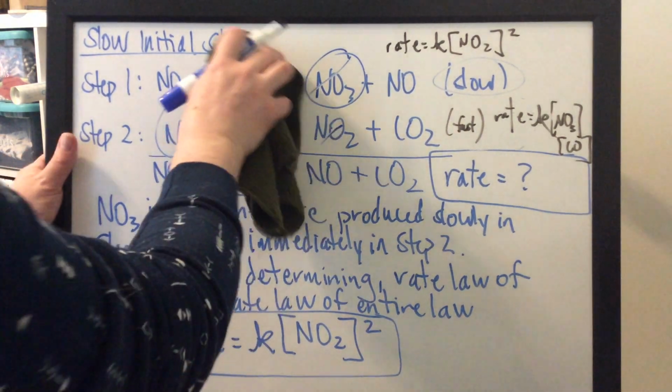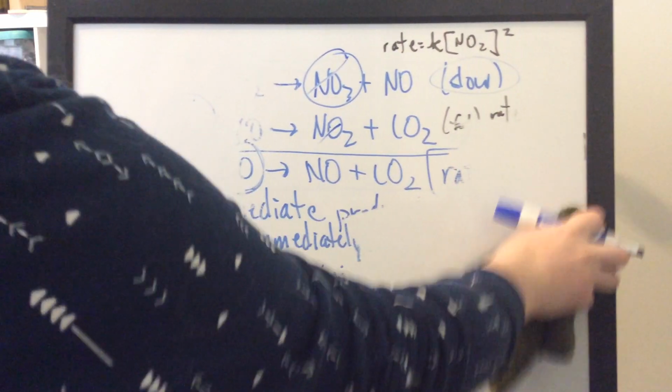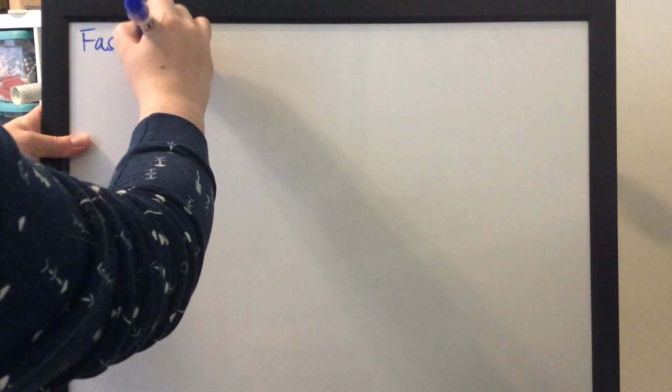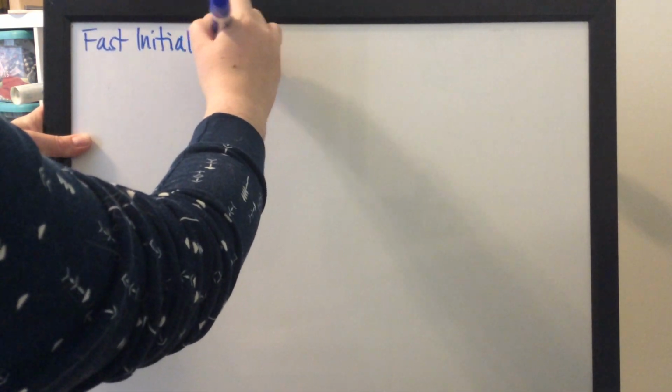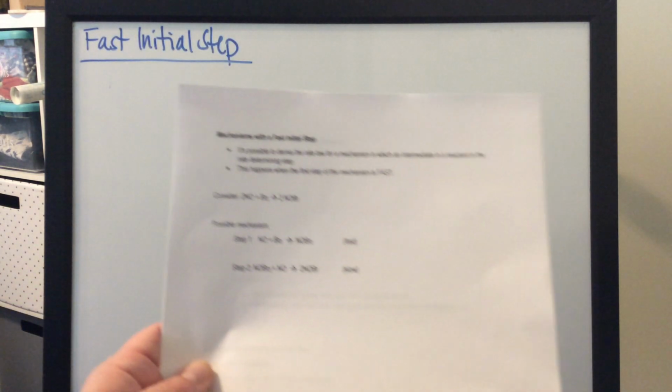It's the next one that is a little bit more roundabout, so to speak. Okay, so the next one is, what about if we have a fast initial step? And you have a couple bullet points, so I'm not going to write them, I'll just read them to you. Okay, so mechanisms with a fast initial step.